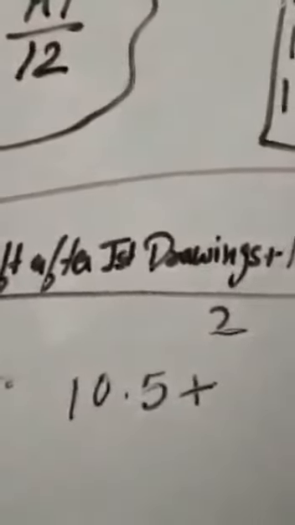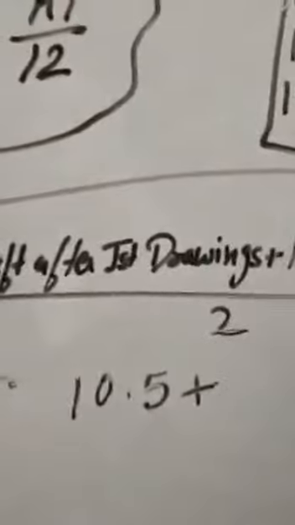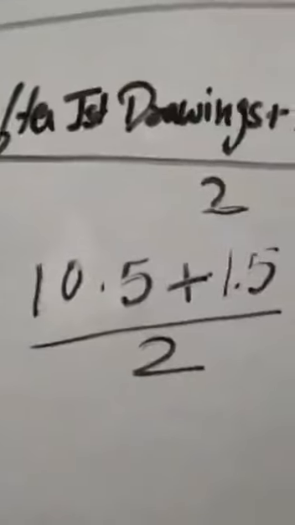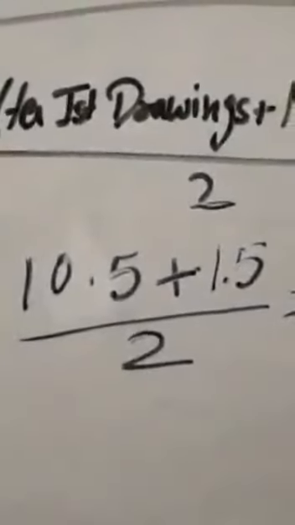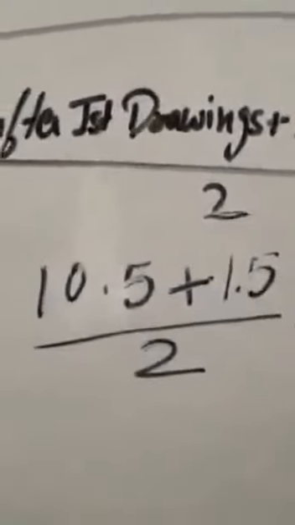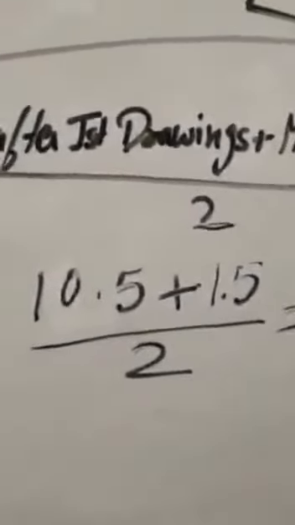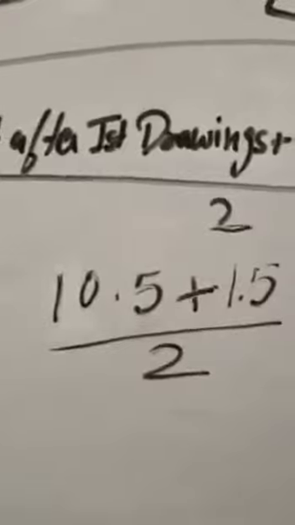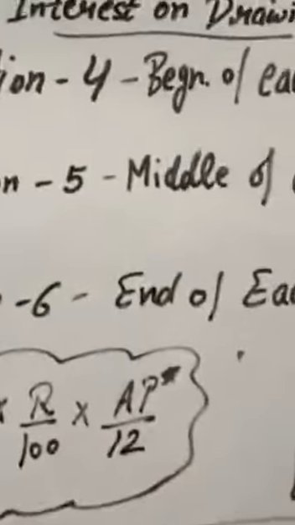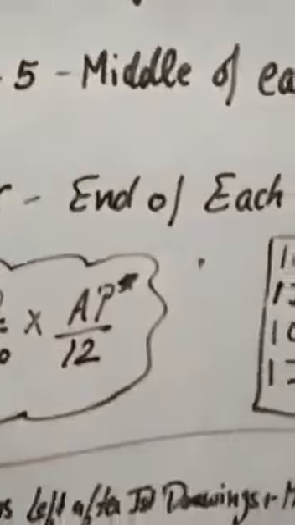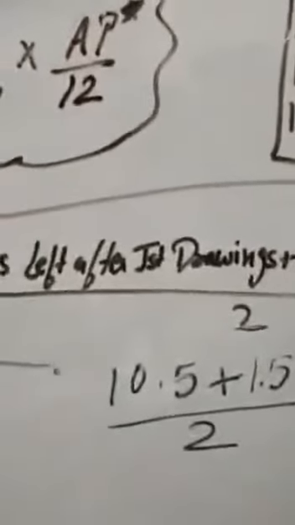So half month of February, full month of March, 1.5 months will be left after the last drawing. Divided by 2, it comes out to be 6. So if we are withdrawing in the middle of each quarter, your average period will be 6 months.